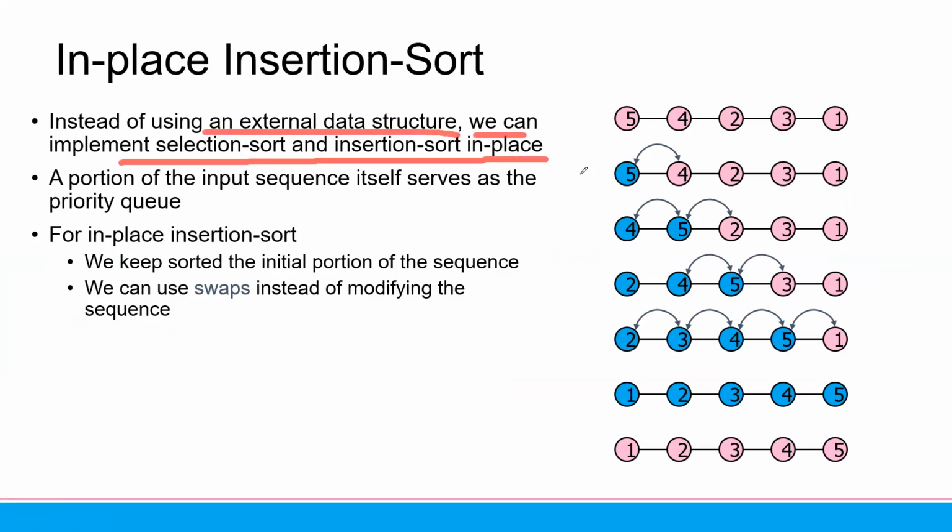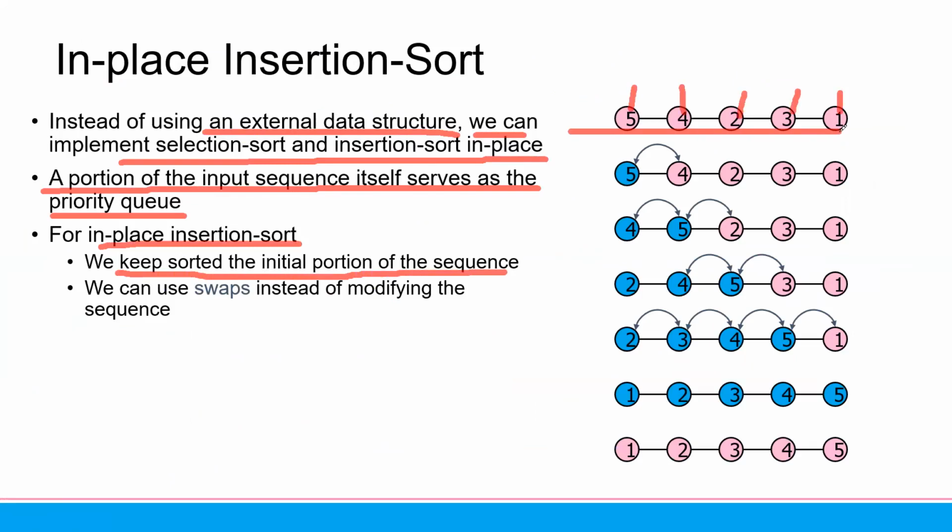A portion of the input sequence itself serves as the priority queue. So let's say I have 5, 4, 2, 3, 1. Then the in-place insertion sort means we keep sorted the initial portion of the sequence. So we will keep this one.